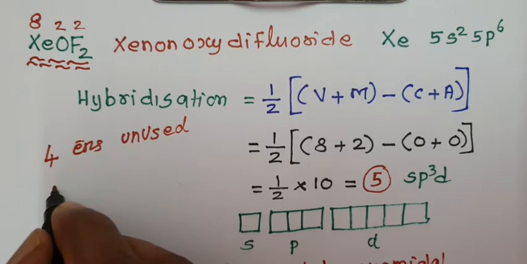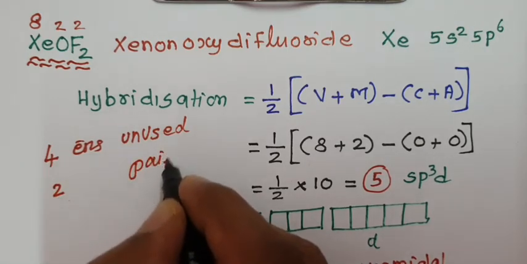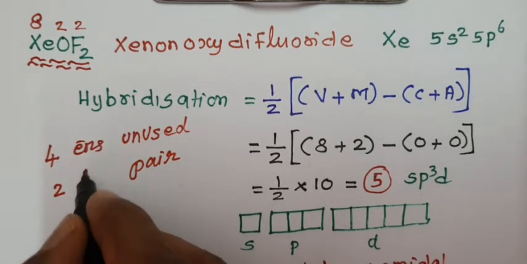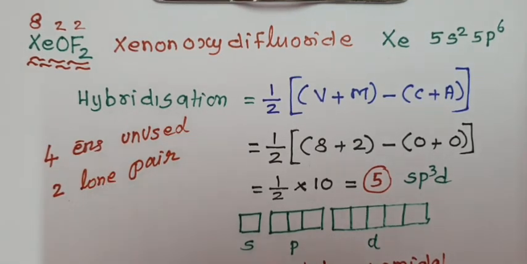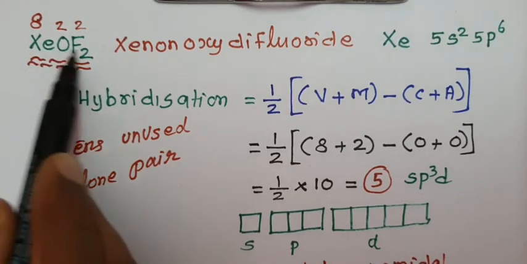4 electrons means how many pairs? 2 pairs of electrons. That pair is not involved in bond formation, therefore it is called 2 lone pairs of electrons. Totally how many bonds are formed?